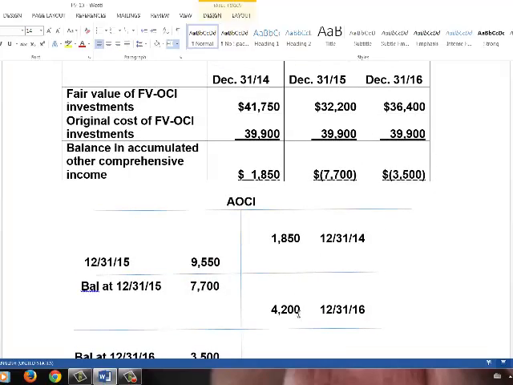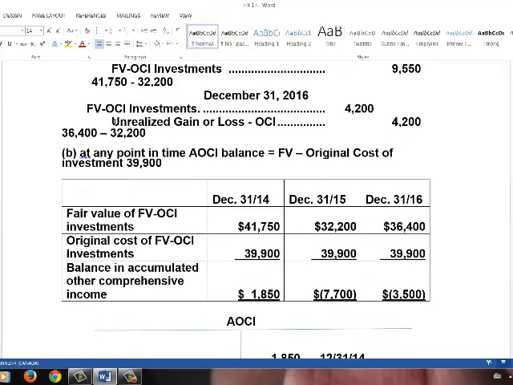In 2016, what did I do? Well, I dumped, because it went from $32,200, which was the fair value at the end of 2015, to $36,400, which was the fair value at the end of 2016. I booked an unrealized gain or loss credit because it went up, $4,200.